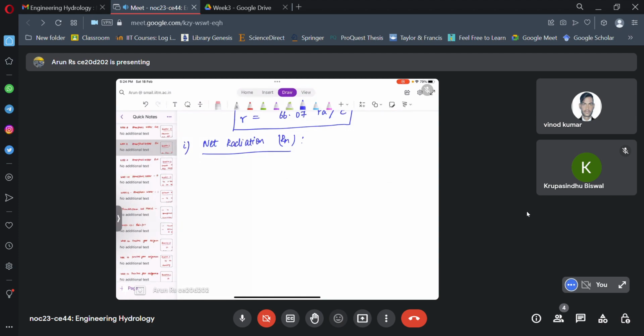Here it's a little bit different: R_ns minus R_nl, where R_ns is the net shortwave radiation and R_nl is the net longwave radiation. In the first question, these were directly given to us.